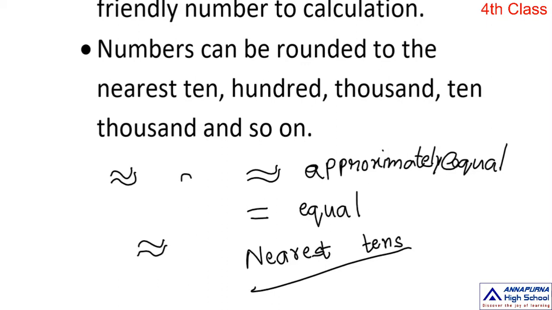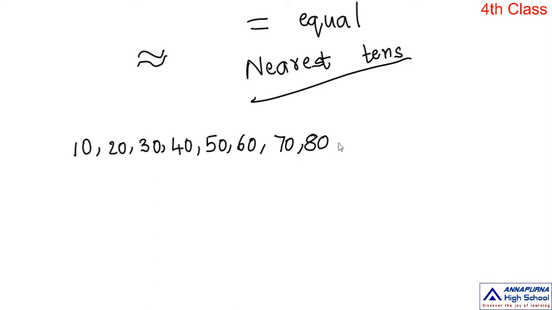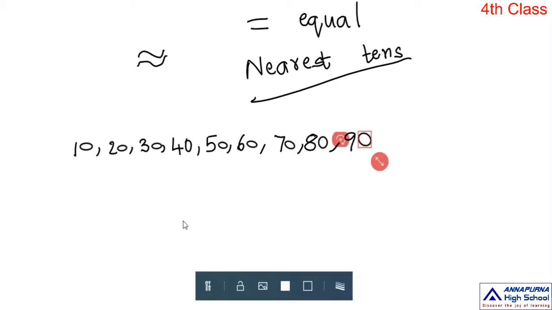Okay children, so what are the tens? 10, 20, 30, 40, 50, 60, 70, 80, 90, 100. After 90, which number will come?